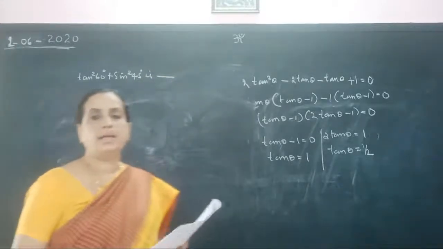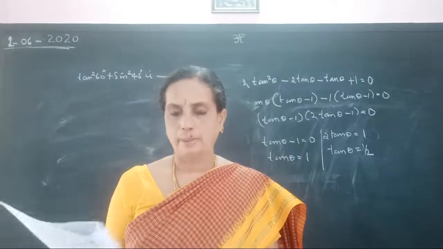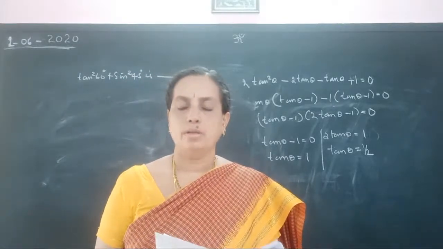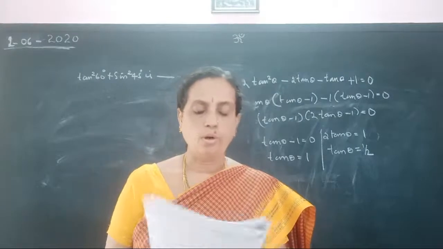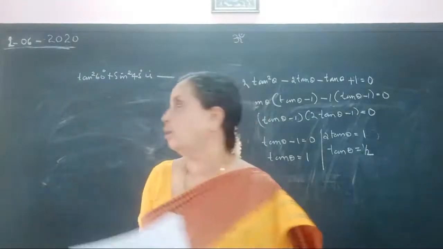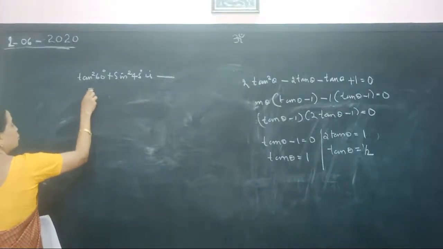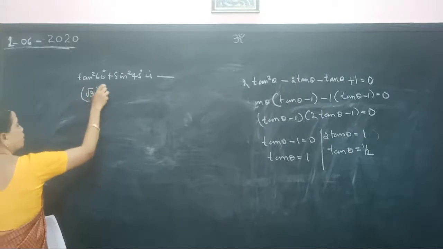So we write, I think you have done this in the previous class also, since it is in the paper I am again showing this. The value of tan square 60 degree plus sin square 45 degree. Tan square 60 degree can be taken as root 3 whole square.